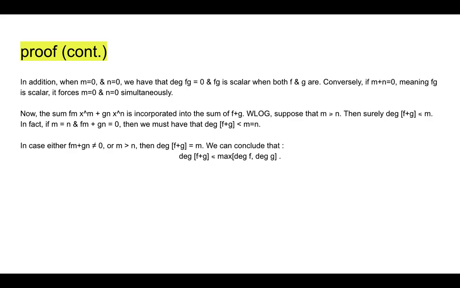But if either one of these conditions fails, so if m is greater than n, meaning m is not equal to n, or if the sum of fm and gn is non-zero, then the degree of f plus g is equal to m, because then the coefficient on x to the power m is definitely non-zero. So we finally have the upper bound that the degree of the sum f plus g is bounded above by the maximum of the degrees of f and g.